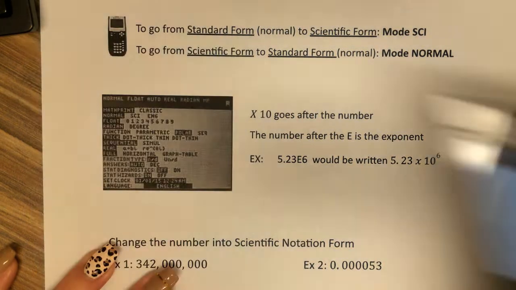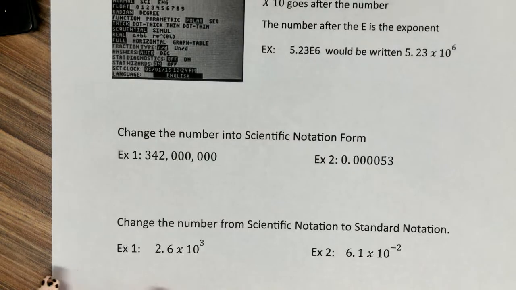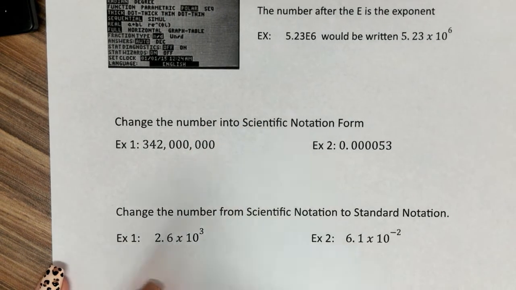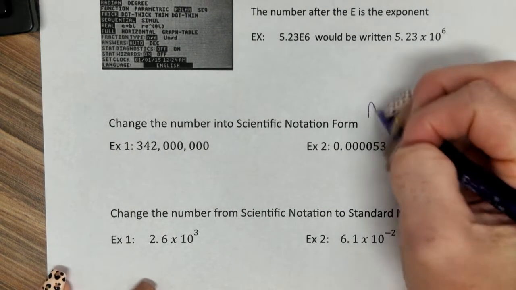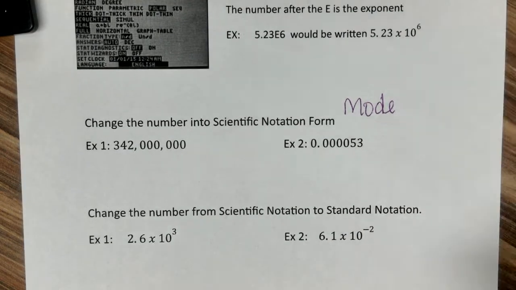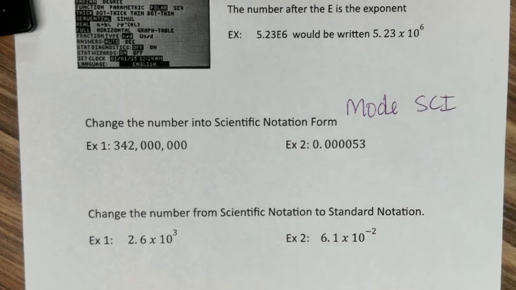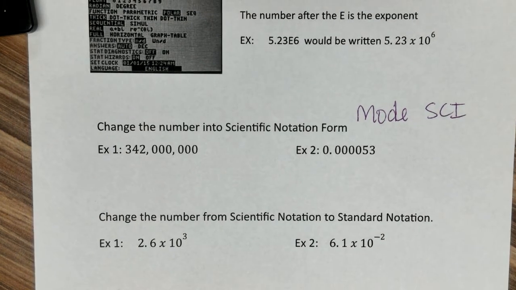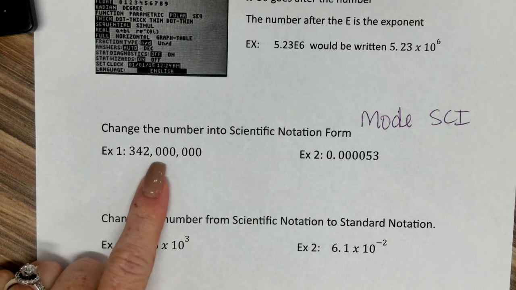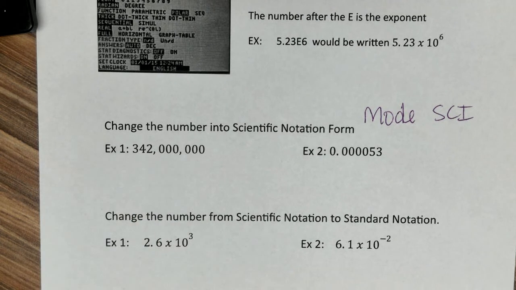Okay? So let's go do some examples. They want you to change the number to scientific notation. So what mode would I be in if I want to go from normal to scientific? SCI, and we're already there. So all you're going to do is type this number in, but do not put commas. Your calculator doesn't want them.